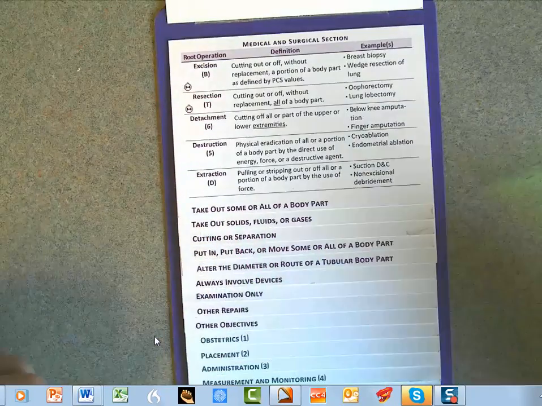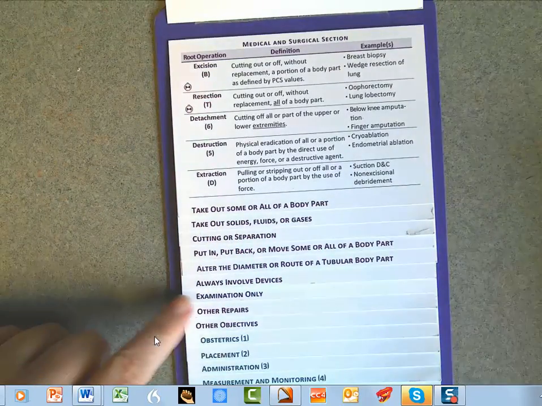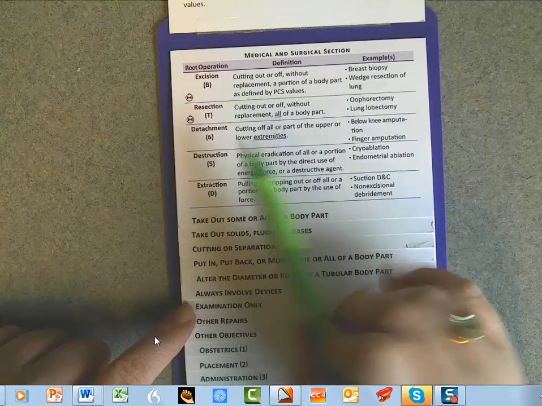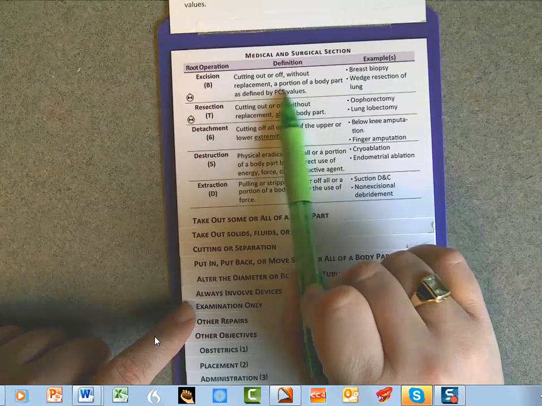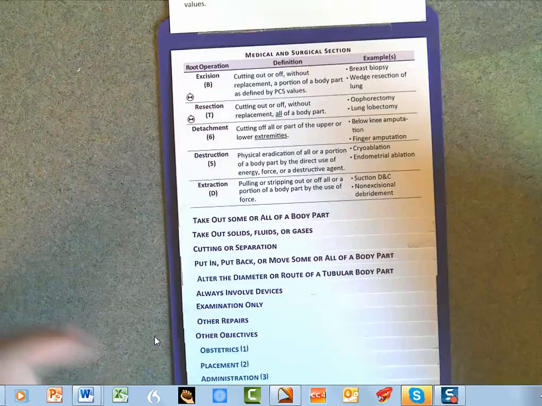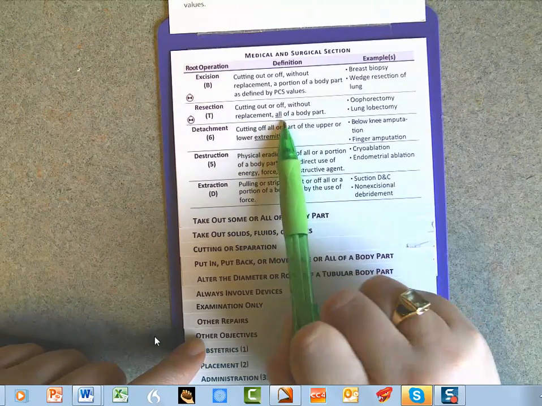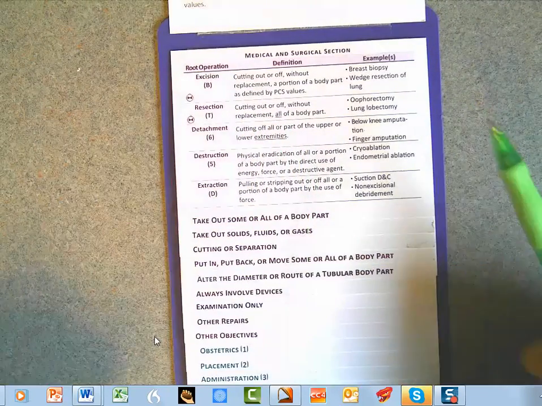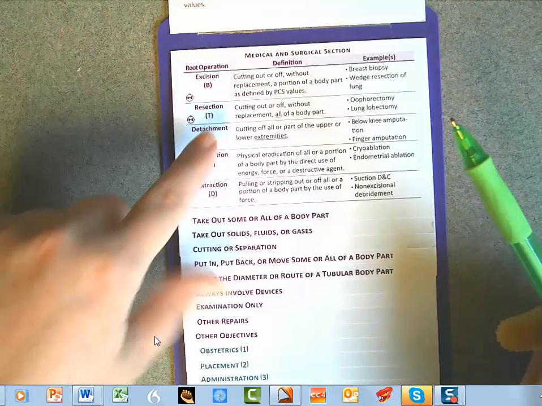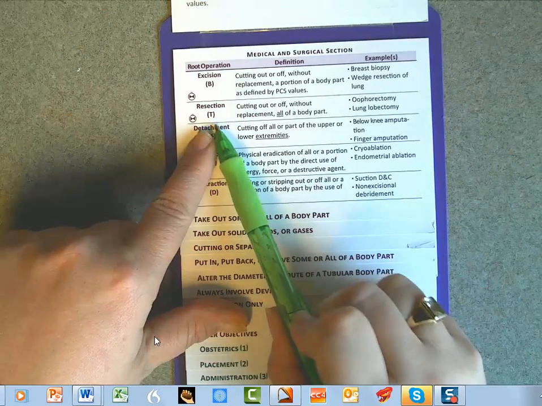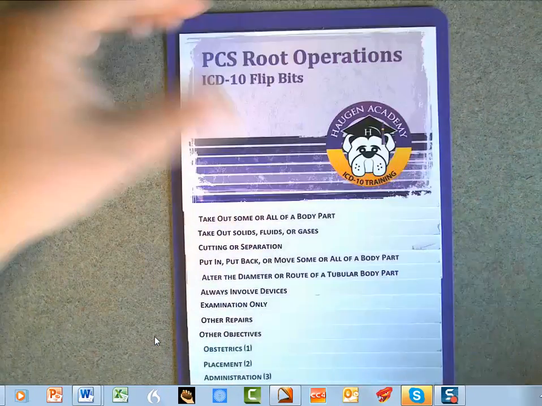We're getting rid of 2 body parts, in fact. So let's look at these. Are we cutting out or off without replacement a portion of a body part? No. Are we cutting out or off without replacement all of a body part? Yes, we are. We're removing both breasts. So we know that our root operation is going to be resection. So that's going to be our main term that we look for.